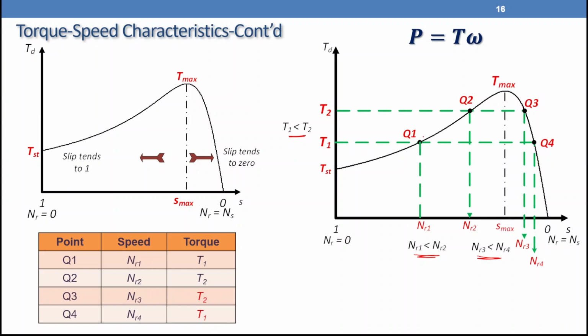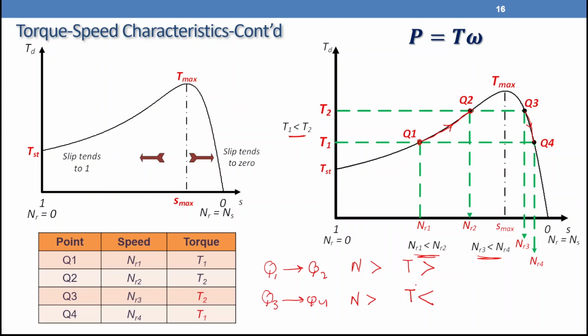So let's examine the points Q1 and Q2, if the motor is going to move from point Q1 to Q2. From Q1 to Q2, the speed increases and the torque increases as well. So now let's examine from 3 to 4. So the motor is moving from Q3 to Q4. From Q3 to Q4, the speed increases as well, but the torque decreases.